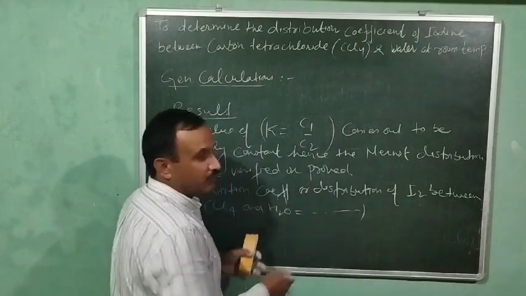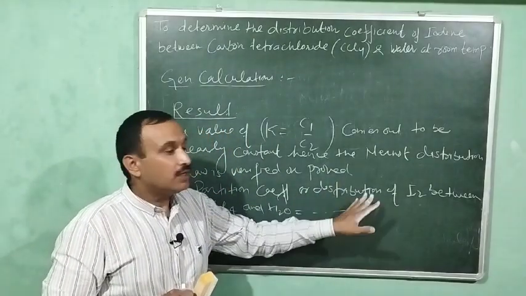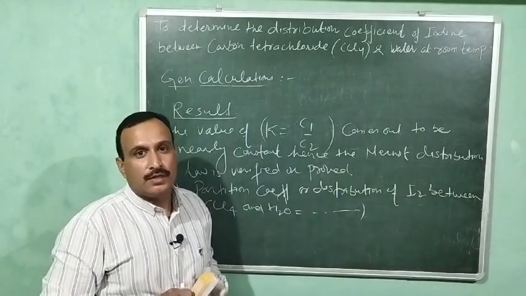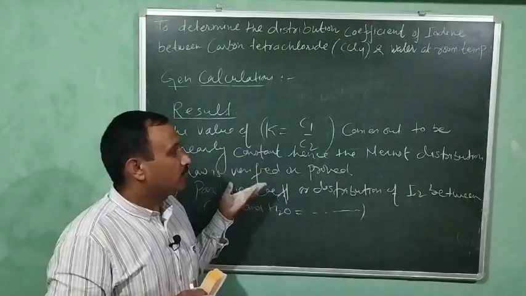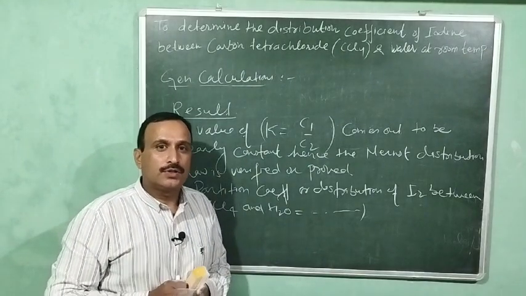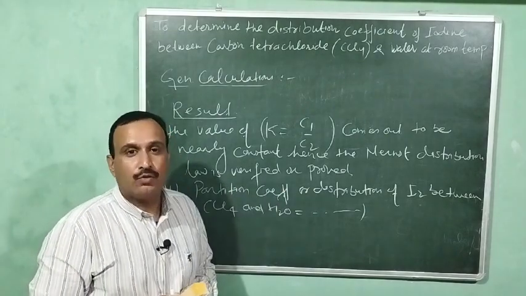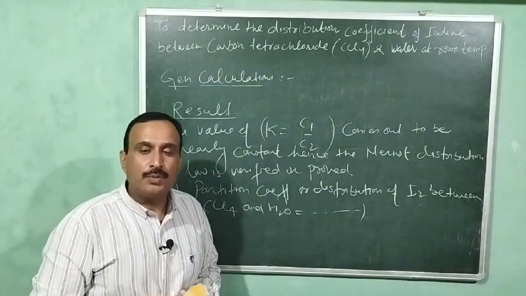So we will write the value of the distribution coefficient here, which will be the mean of all the 4 values of the distribution coefficients in the 4 bottles. Okay, so this is all about this experiment, and in my next video I am going to discuss your iodine titrations.